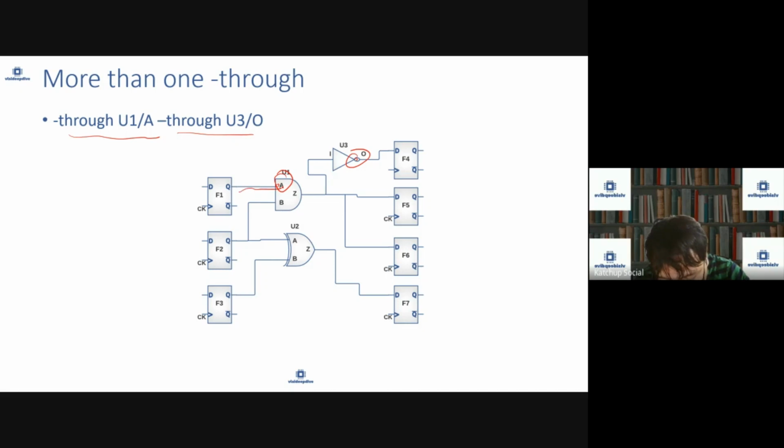So this path first goes through U1A and then goes through U3O. This path is what goes through first U1A and U3O. This is an ordered option, and this is how you can use multiple through options to specify a path.